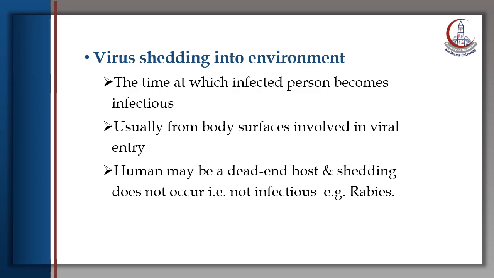For example, respiratory route, it will be present in the respiratory secretions, and so on. Humans may be a dead-end host, and shedding doesn't occur, which means that the person is not infectious, as in rabies, meaning that this person will not transmit the virus to another person.